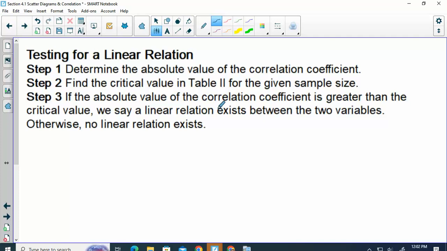In the middle it has table 2, critical values for the correlation coefficient. Okay, if R is bigger than this number, then it's linear. Otherwise we're going to say it's not linear.